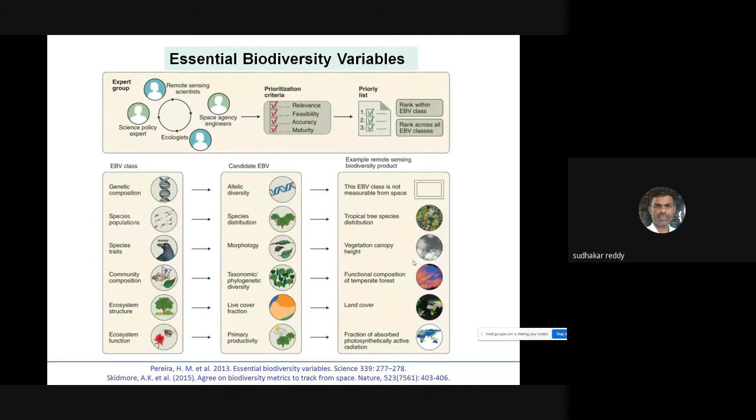Among these six classes, genetic composition is not possible through remote sensing based observations, whereas for species populations and traits, remote sensing is contributing partially. However, it is providing more comprehensive data for community composition, ecosystem structure, and ecosystem function through multi-sensor remote sensing data.